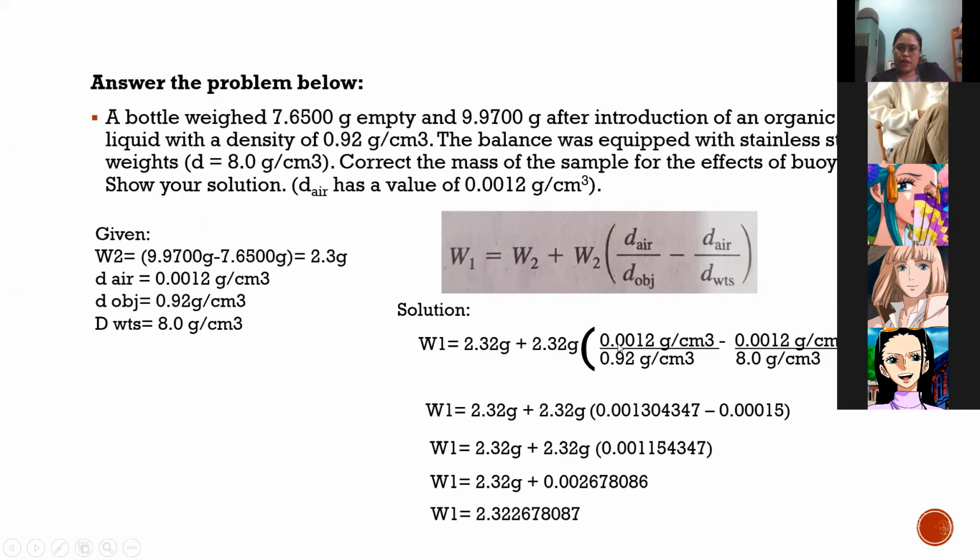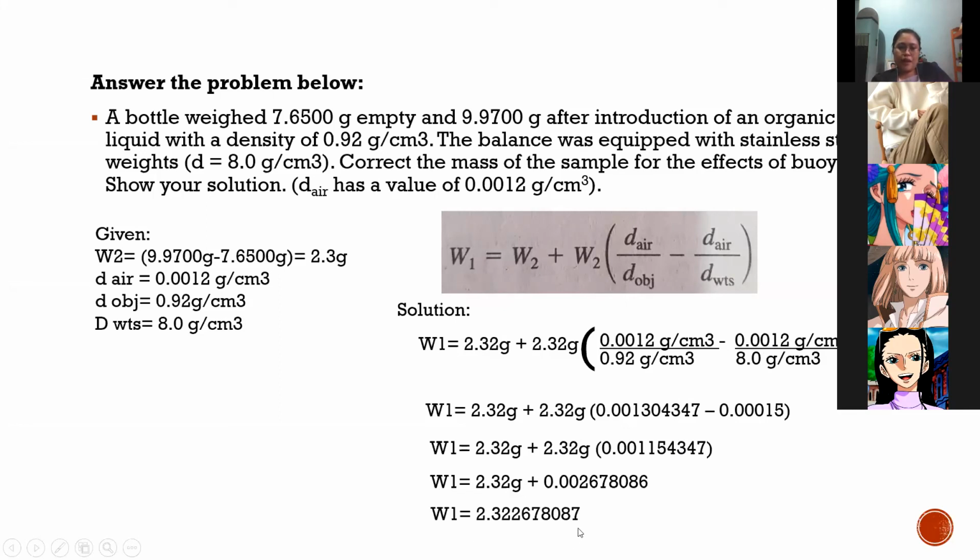We just substitute. And then the density of air, 0.0012. As you can see, the density of the object is 0.92, and the density of your weight is 8.0. So we divide each first before subtracting. Of course, PEMDAS: division first before subtraction, and the parenthesis first. So we subtract, then multiply the difference by 2.32. The product will be added to the W2, the 2.32.